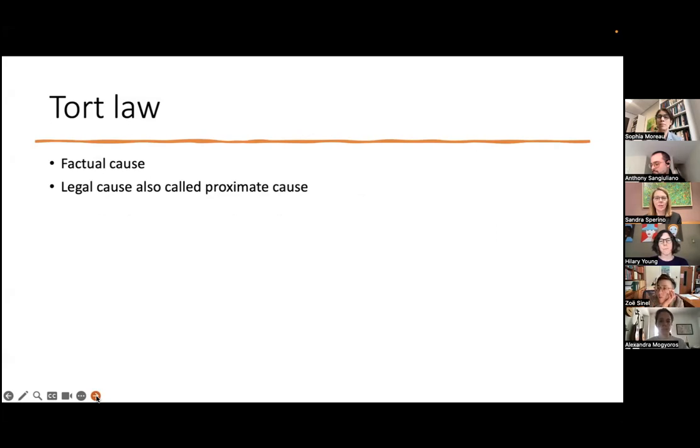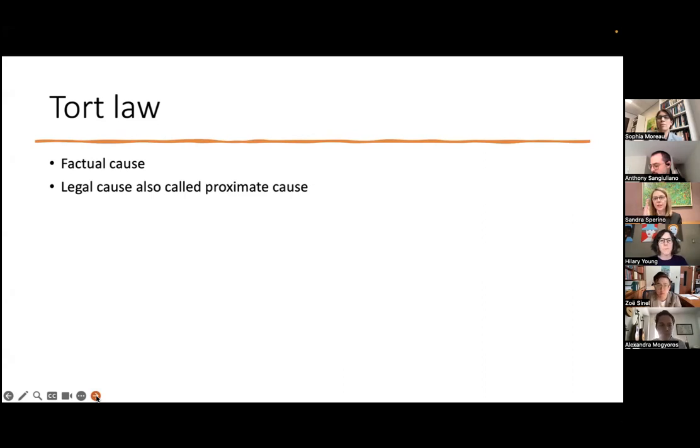This isn't so much a causation doctrine; it's really about how far, from a public policy perspective, the law chooses to look at the consequences of particular conduct. The first thing I want to emphasize is that the canon I'm talking about is a factual cause canon, so we really won't be talking about legal cause or proximate cause today.